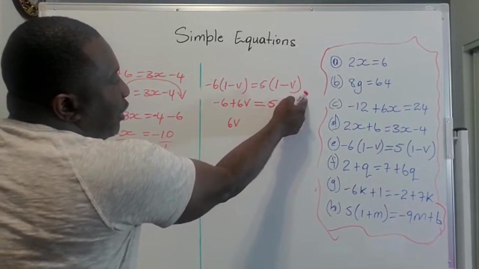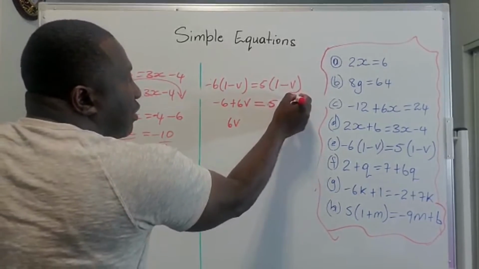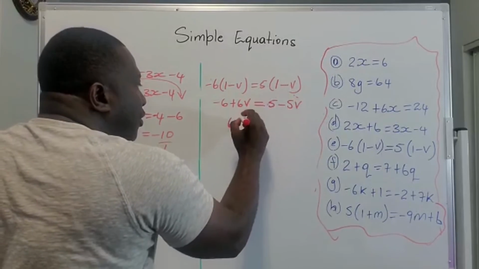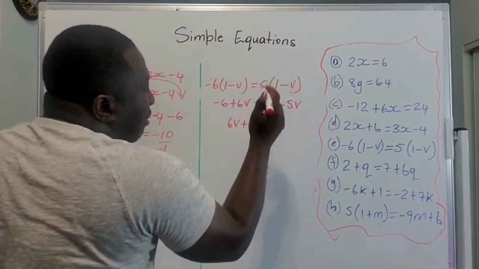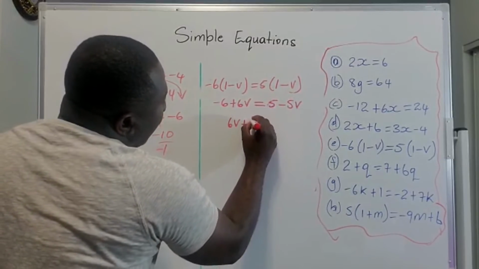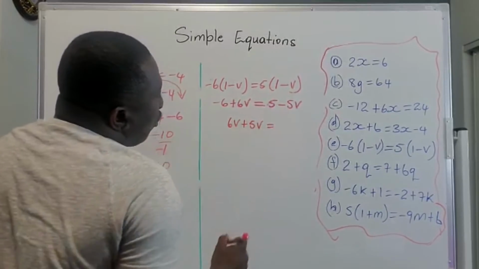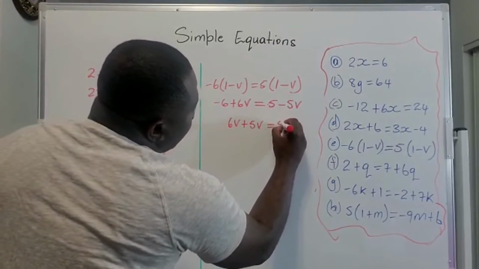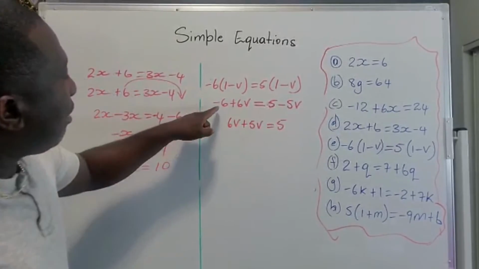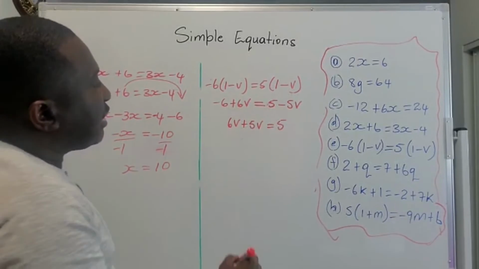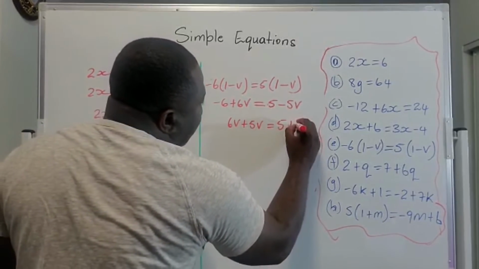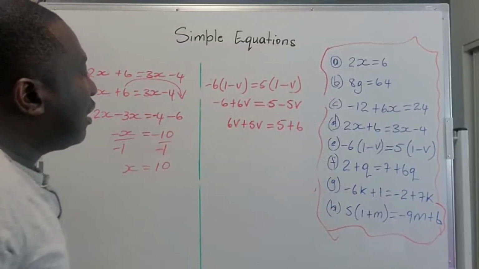I'm going to carry my negative 5v over. So I carry it over, change the sign. It becomes positive 5v equals, maintain my 5. I'm going to bring my 6 across the equal sign, making it positive. So it becomes positive 6.